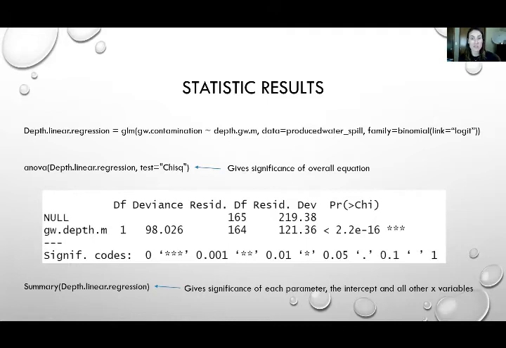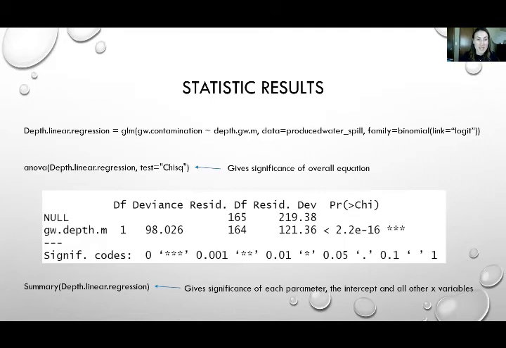It just gives you the probability, and it's highly significant. It's far below an alpha of 0.05. And so we could say that yes, this logistic regression model is statistically significantly predicting the log odds of the risk for groundwater contamination.